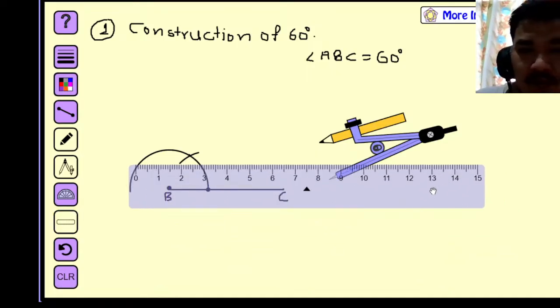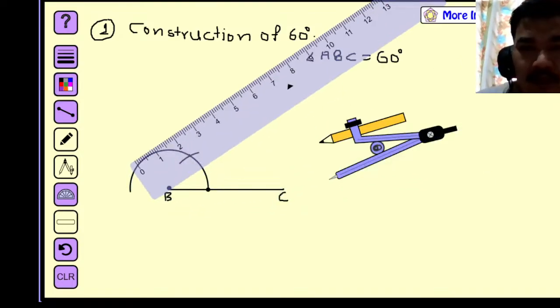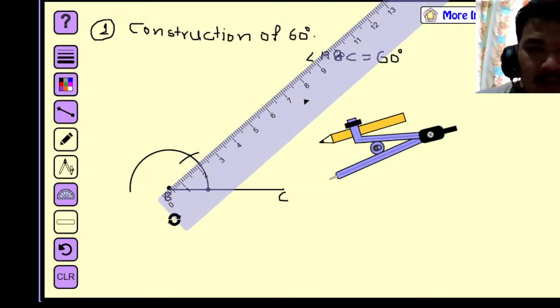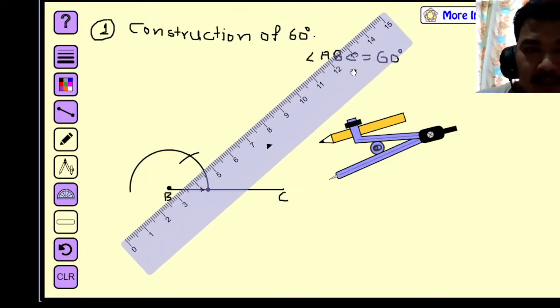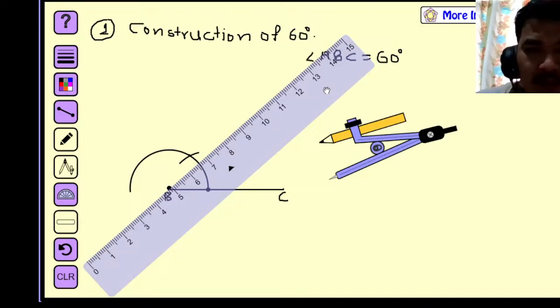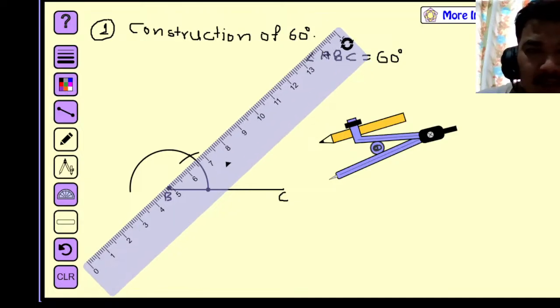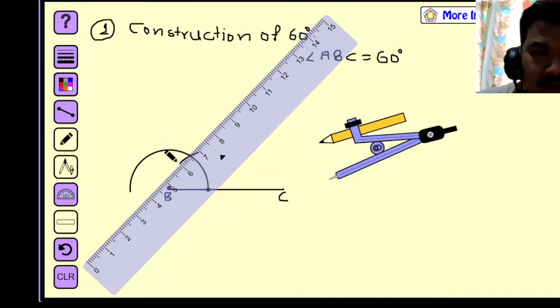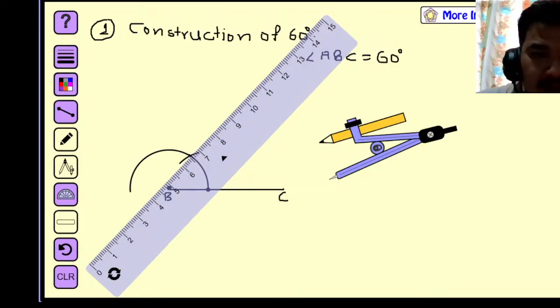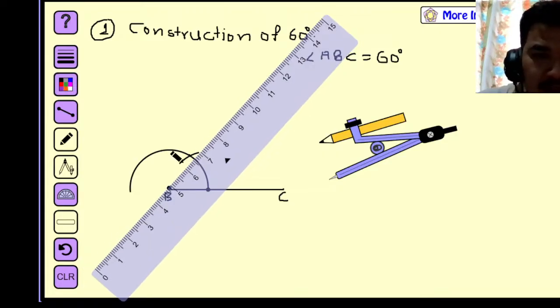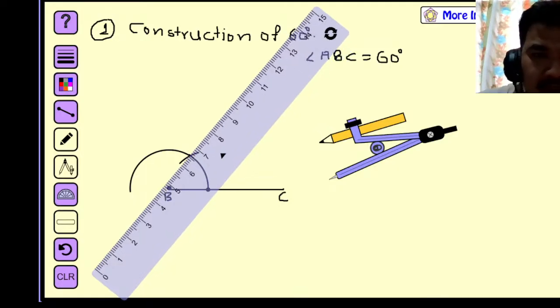And now we have to put the ruler straight like this, so that we can join this point B and that arc.